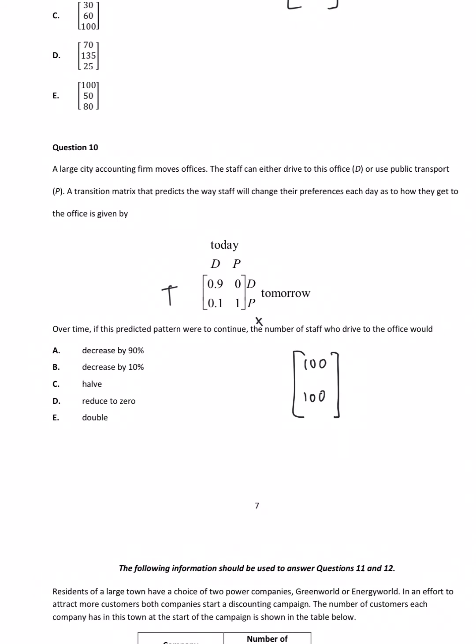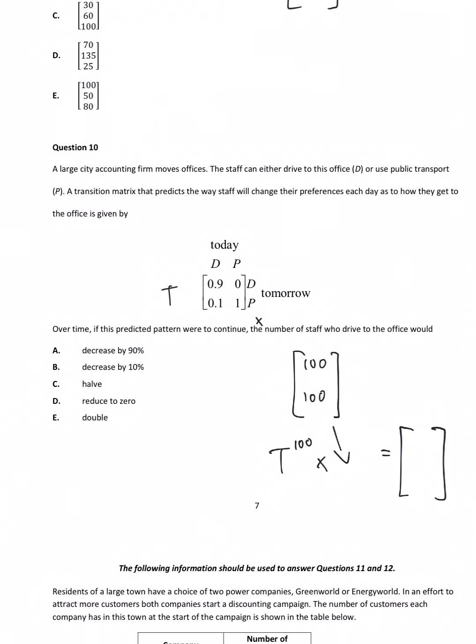You'd want to do that because it says over time, that means in the long period, so your steady state. So do T to the 100 again, times this guy, and just see what the numbers equate to.